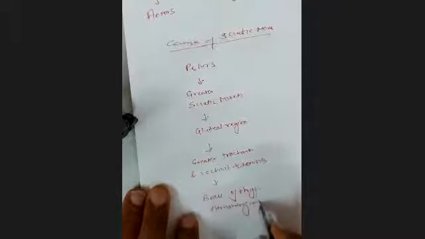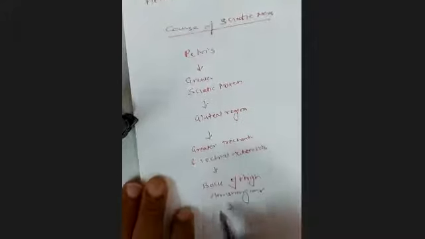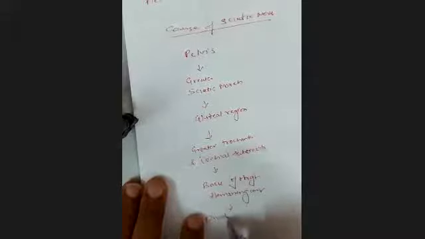And from there, ultimately, it divides at the superior angle of popliteal fossa into terminal branches. In the exam, you are not supposed to write angle like this, okay? You have to write the word angle, popliteal fossa.